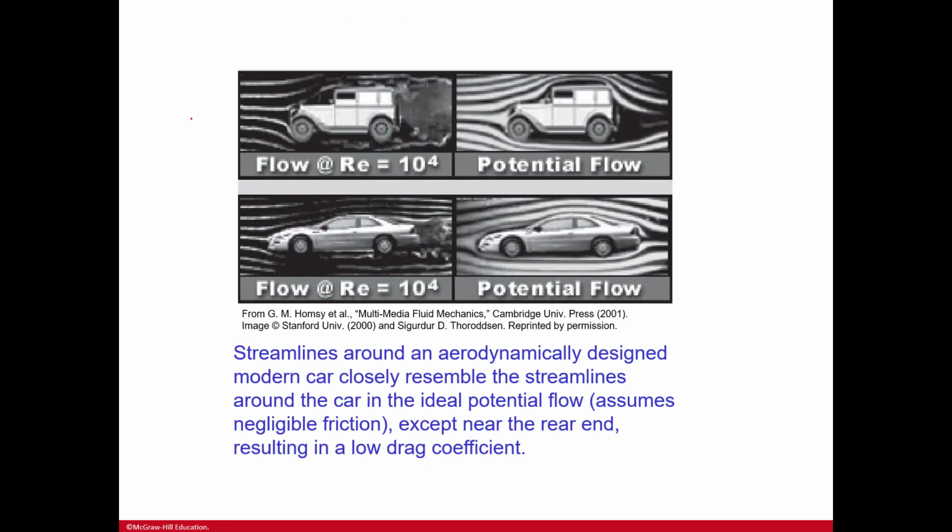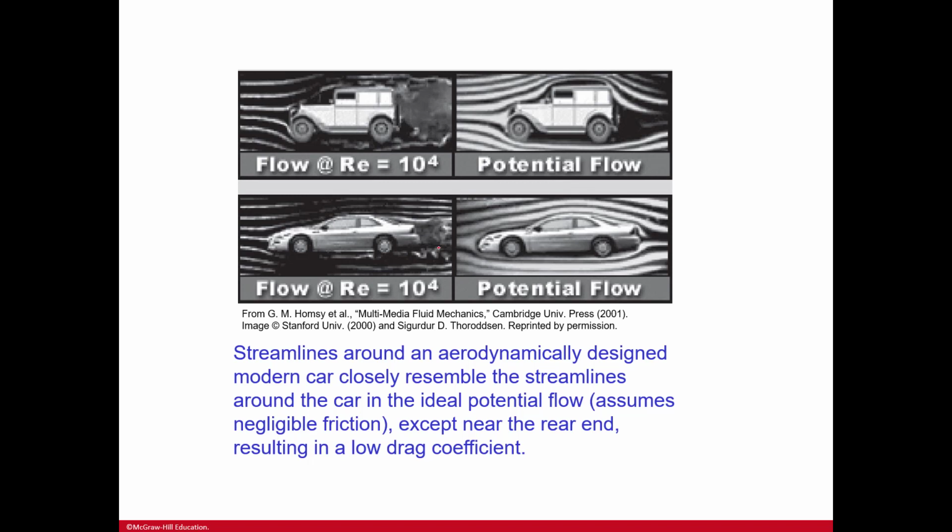Here you can see those flows and those Reynolds numbers for each geometry of the vehicle. Streamlines around an aerodynamically designed modern car closely resemble the streamlines around a car in an ideal potential flow, which assumes negligible friction, except near the rear end, resulting in a low drag coefficient.